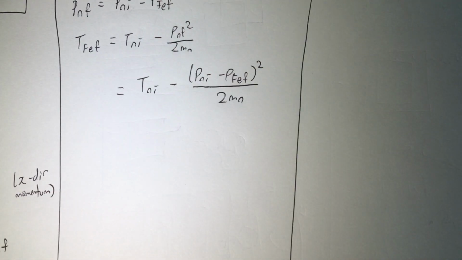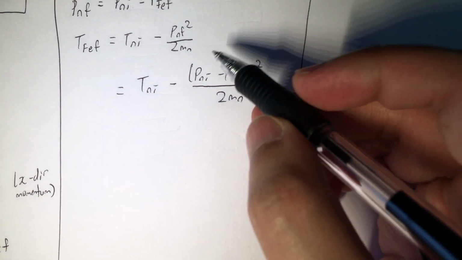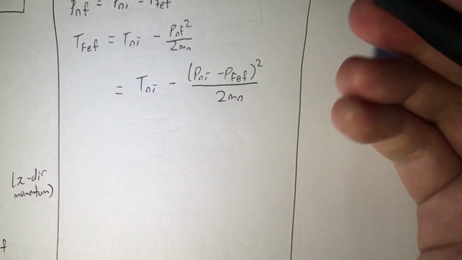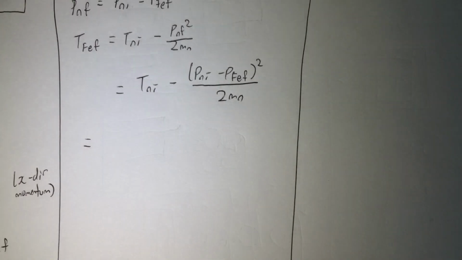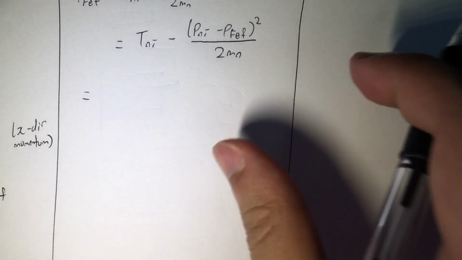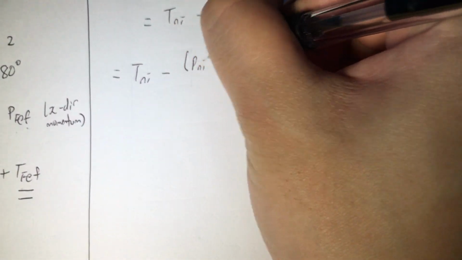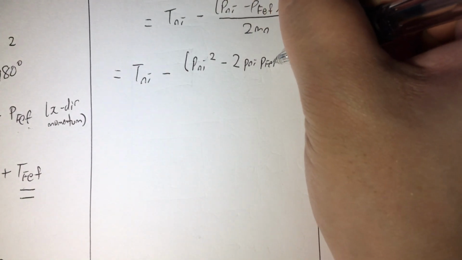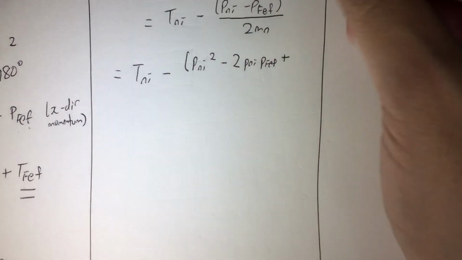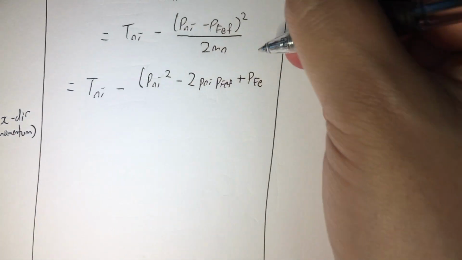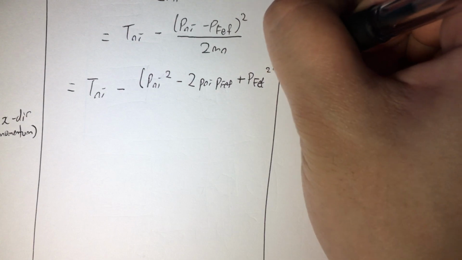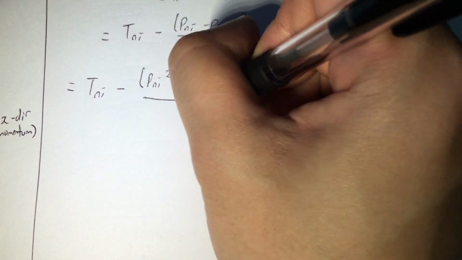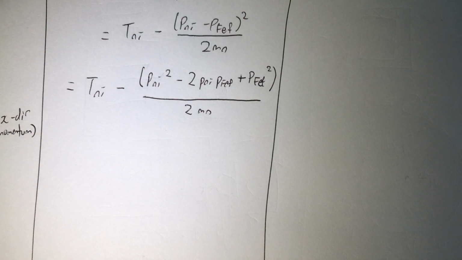We'll get this relation after substituting this equation in. So let's see what it turns out to be finally. T_ni minus the square, minus 2 times... we will have an expression like this.